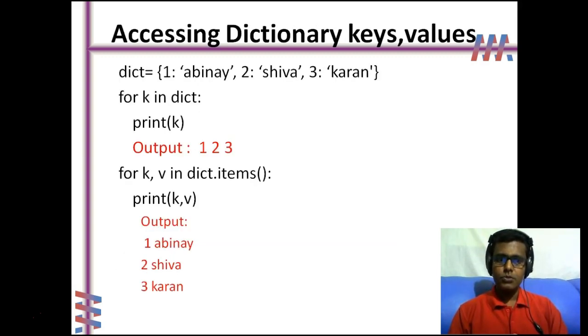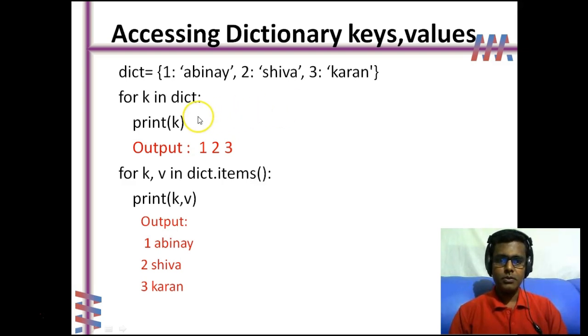Then how do you use these dictionary keys and values inside for loops, or how do you access these keys and values from the dictionary? This is a simple example which shows how to access the keys and values from the dictionary. Here I have a dictionary which has the roll numbers 1, 2, 3 as the keys, and then the names Abhinay, Shiva and Karan.